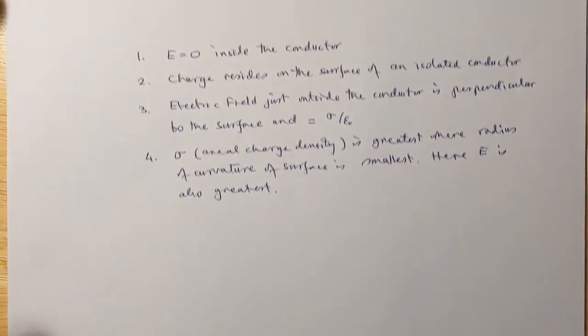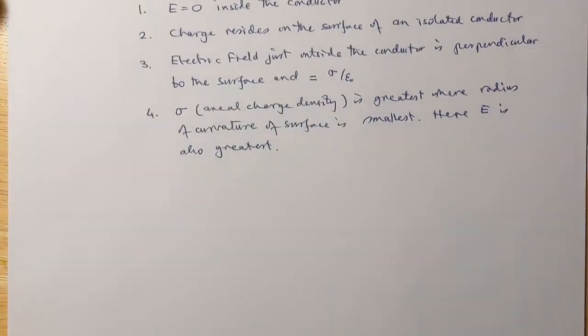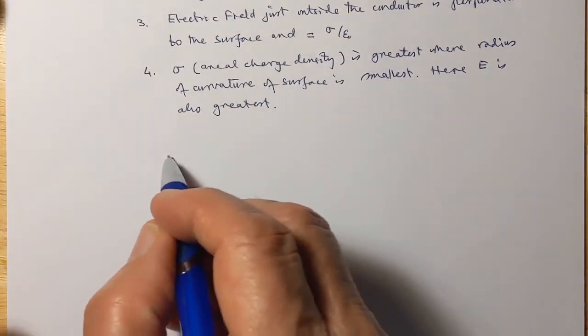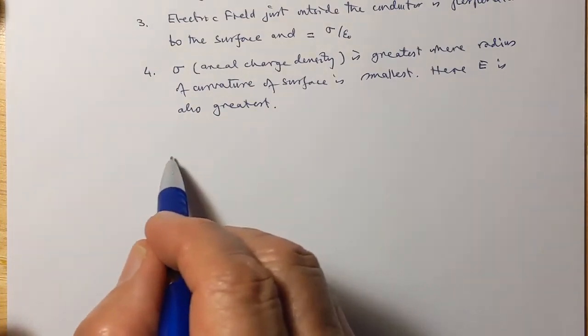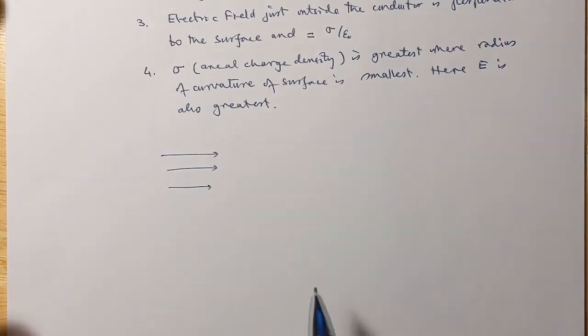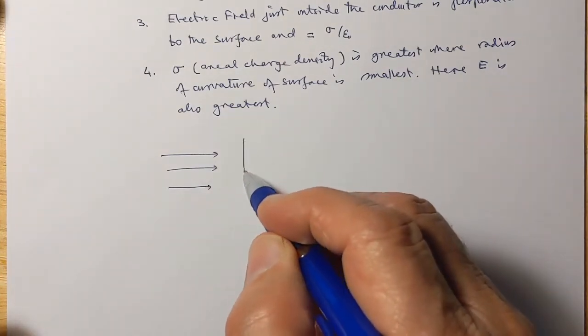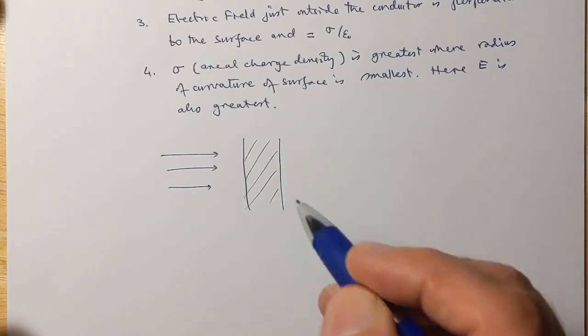Let's look at the first one, that the electric field inside a conductor is zero. Suppose we have an electric field that is uniform, going from left to right, and we have a conductor here.